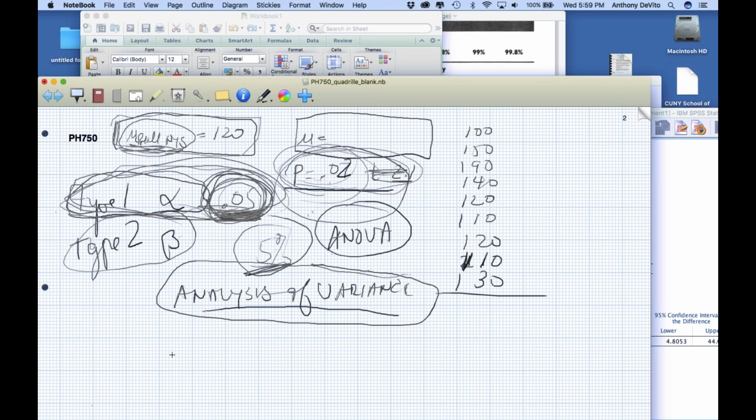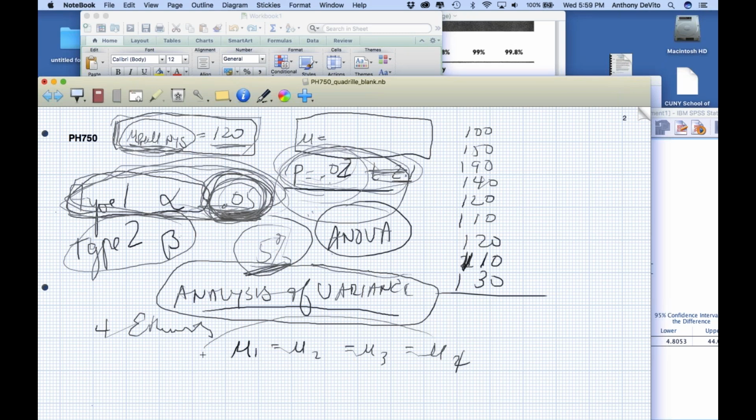So with an analysis of variance, let's say, for instance, we wanted to know the relative blood pressure, relative cholesterol of 4 different ethnicities instead of 2 different groups. Our null hypothesis might be the mean for group 1 is equal to the mean for group 2, is equal to the mean for group 3, is equal to the mean for group 4.